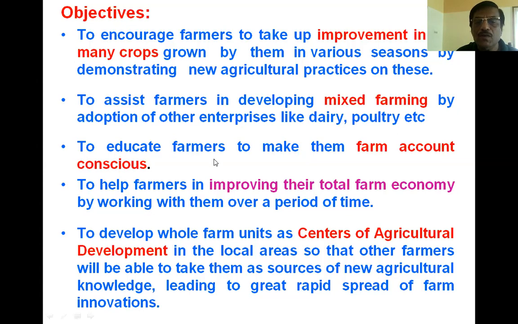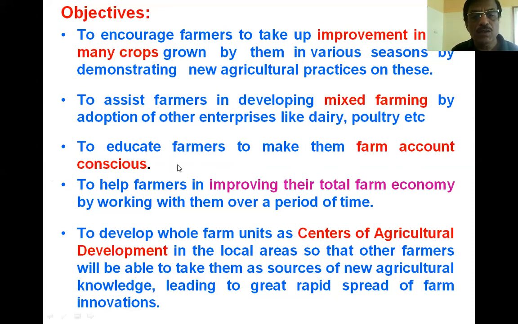Then, to educate the farmers to make them farm account conscious, by keeping the accounts of all the enterprises. Thereby you will come to know which enterprise is giving more income and more profit. To make the farm as a whole a sustainable unit, you should keep the accounts and know the income of each enterprise.